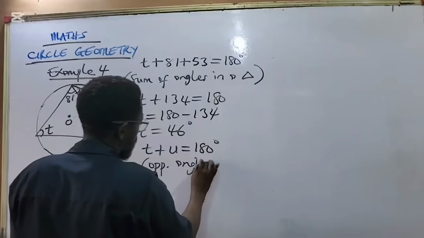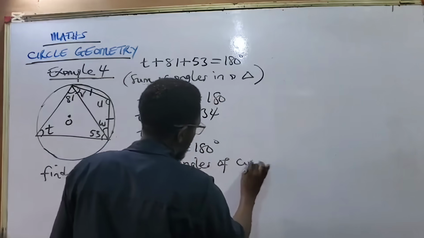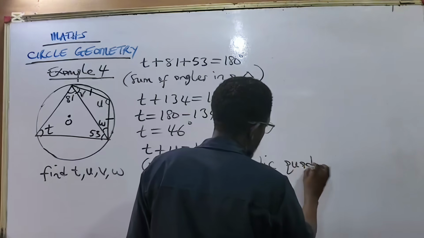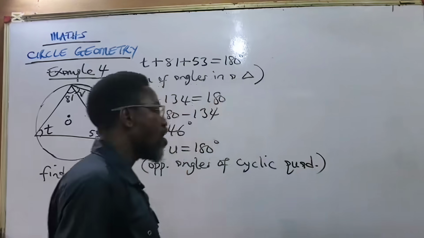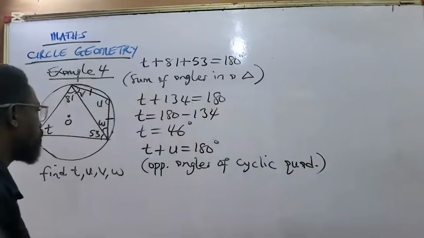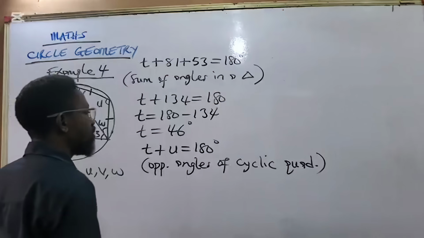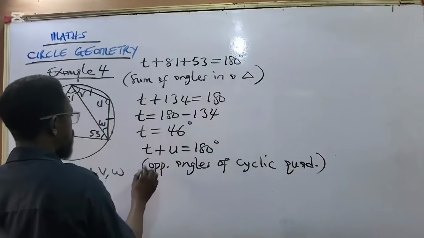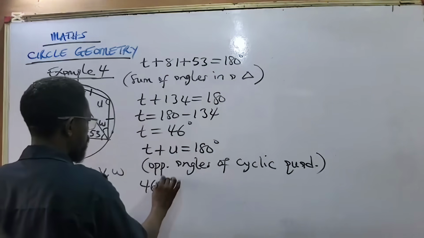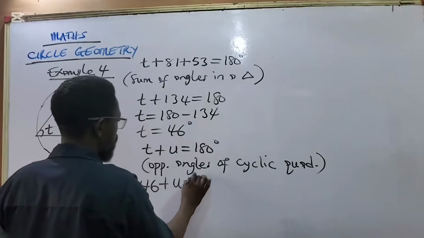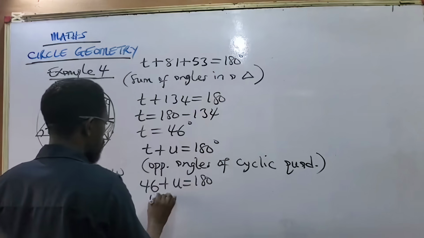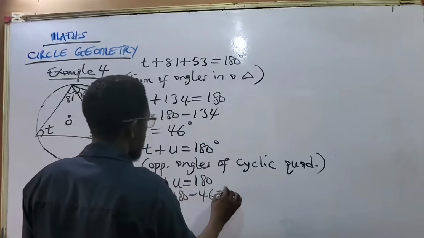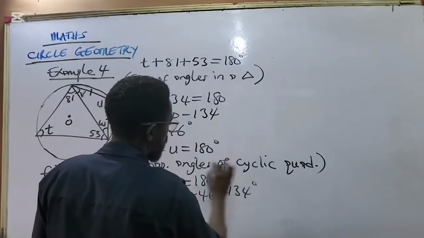Opposite angles of cyclic quadrilateral are supplementary, and the sum is 180. So T is 46. So I'll get 46 plus U equals 180. So U will now be 180 minus 46. That equals what? 134 degrees.